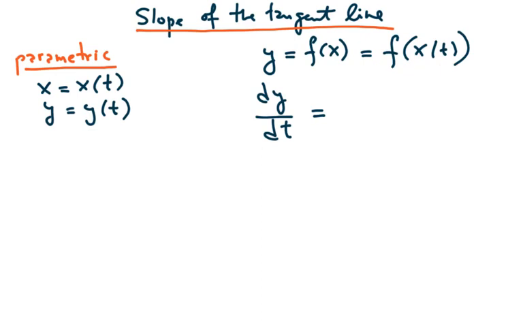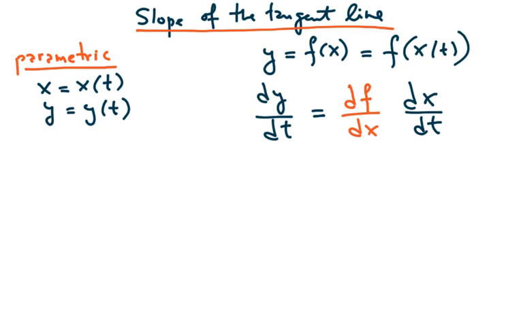So we should use actually chain rule to do this derivative, and so that will be the derivative of the function respect to x times the derivative of x respect to t by chain rule.